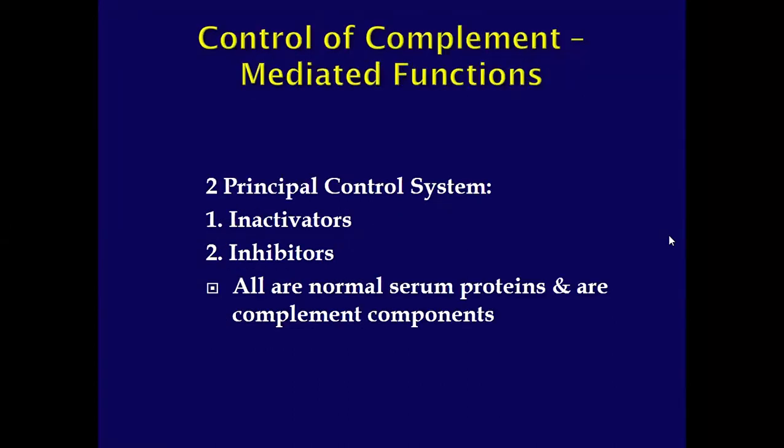Okay? There is a need to control the activation of complement. Why? Because it is destructive. Once it is activated, it will directly cause cell lysis. So there is a need to control.